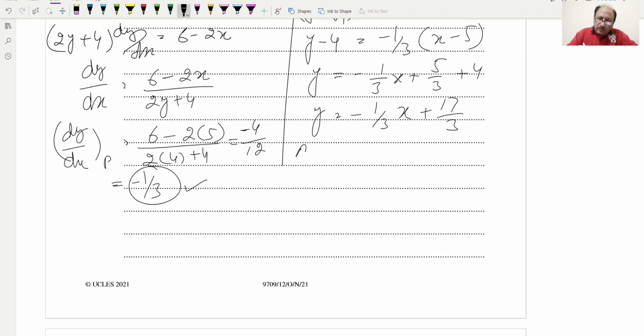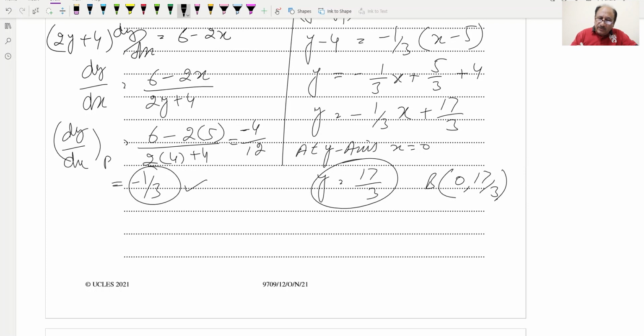At the y-axis, x will be equal to 0, so y will be equal to 17 by 3. This will be the y value, and for B, the coordinates of B will be (0, 17 by 3).